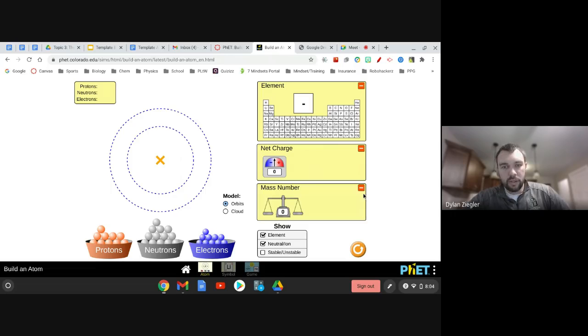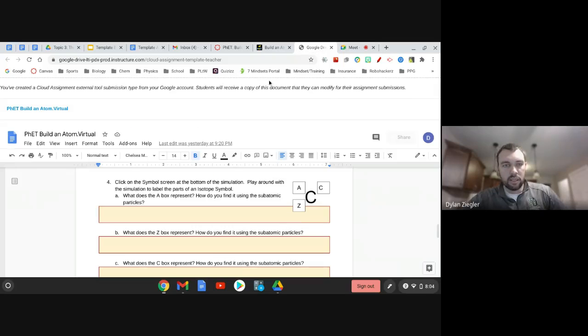I'm going to open up those things so I just have a little bit more information that I can see. All right, we're going to be talking about atoms. As we can see up here, these are all the elements, all the different types of atoms, and that's the periodic table of elements, which has all the different types of atoms in there. All right, back to the assignment.